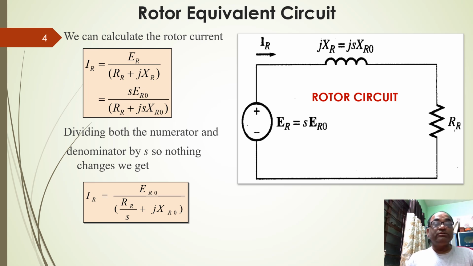So dividing both numerator and denominator by s, you will get the following. IR is equal to ER0 divided by the rotor impedance, basically.